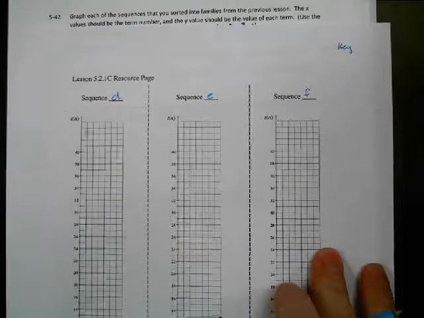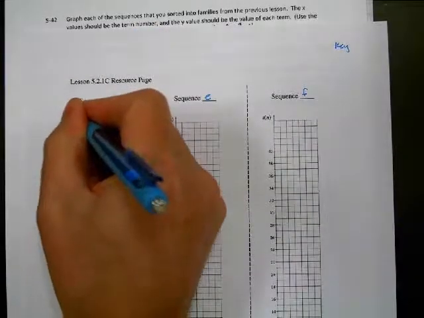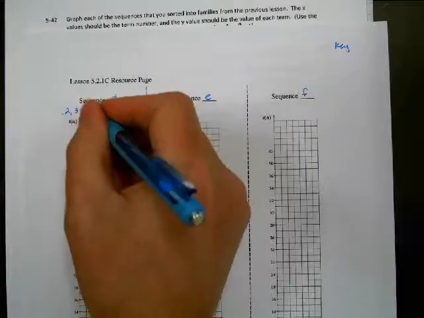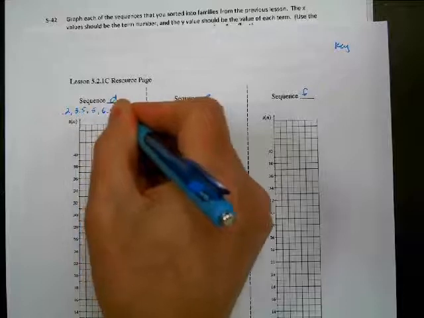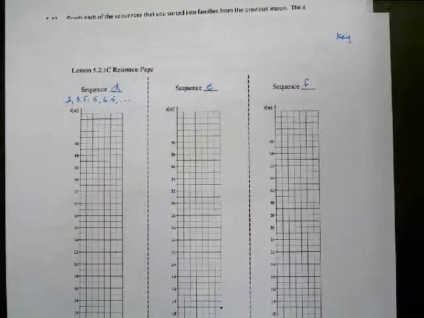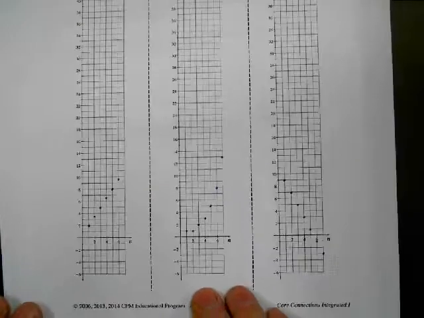All right, so D started off with 2, 3.5, and then 5, 6.5. And we were saying on this one that we're adding 1.5 each time. Now we should expect it to be linear since we are adding 1.5 each time.